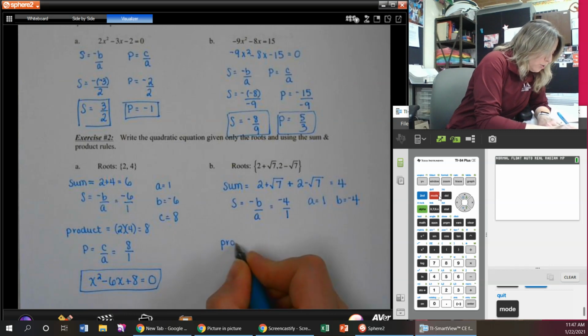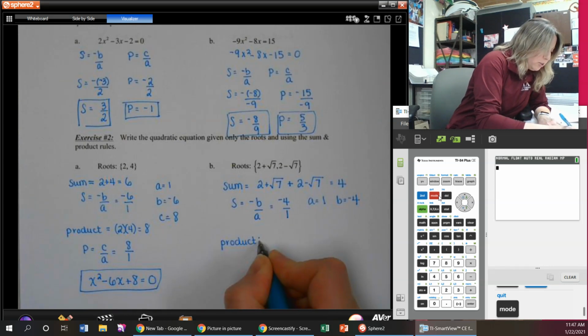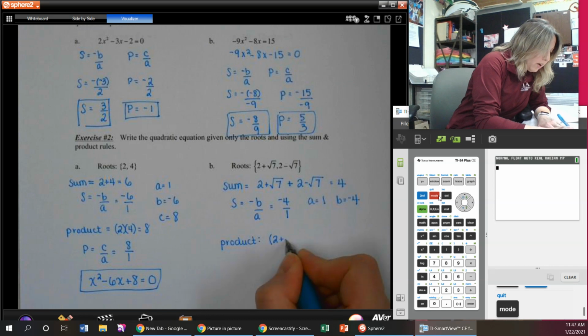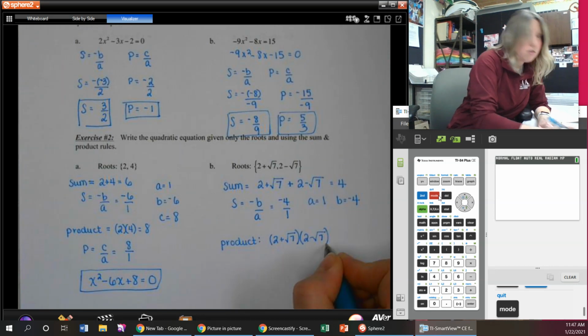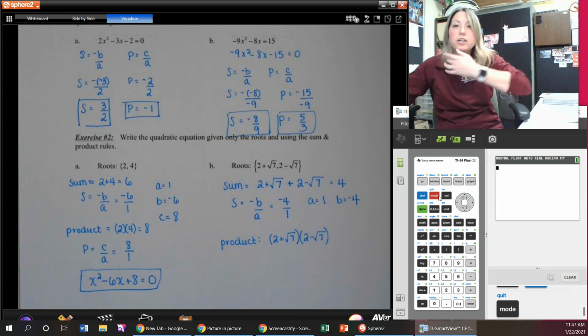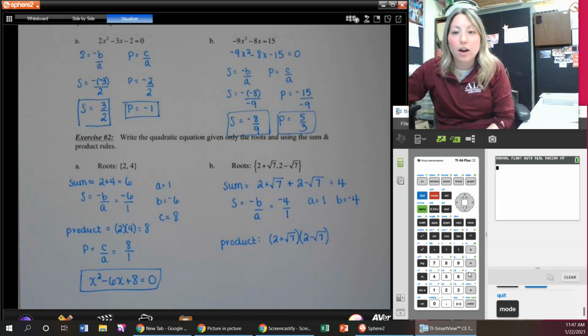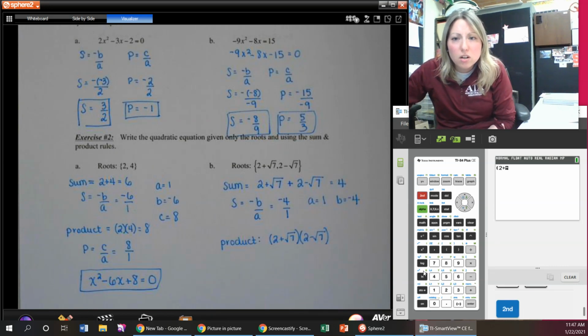Okay? Now let's try product. So the product of the roots means to multiply them. So 2 plus radical 7 times 2 minus radical 7. Oh, those happen to be conjugates, which you can plug into your graphing calculator to multiply. That's the one thing we are actually allowed to do. Go 7 and then arrow out and put your end parenthesis.